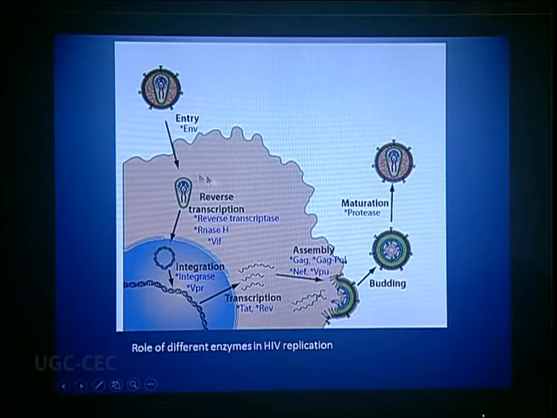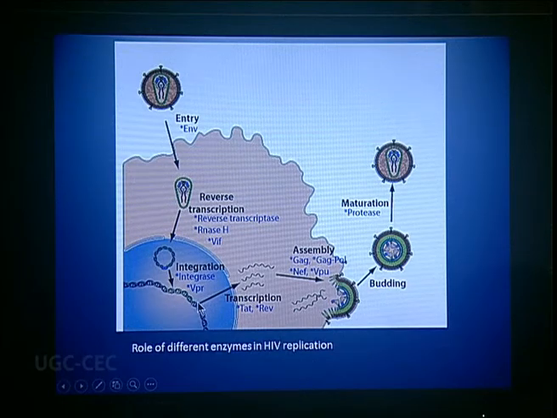Okay, now this is a very unique slide where you can see that the entry is being affected by the ENV, followed by the reverse transcription with the reverse transcriptase enzyme, RNase and the VIF. Then already this particular viral RNA is inside the nucleus, or the DNA is inside the nucleus, and the DNA is the sense DNA. So it will be adopted by the host DNA.